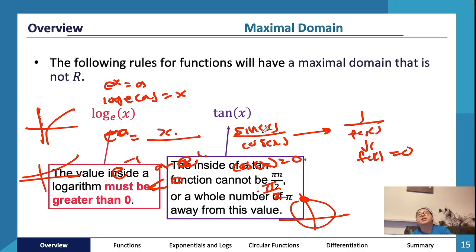So in fact, instead of saying this, it should be more like 2n plus 1 pi. Oh, sorry, not 2n plus 1. 2n pi plus pi, right? Or pi times 2n plus 1, right? Because it's all the odd multiples of pi that are really going to get you the 0 down there. So just be careful about that.